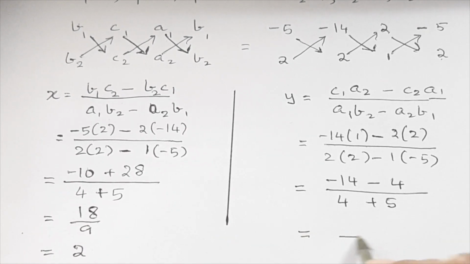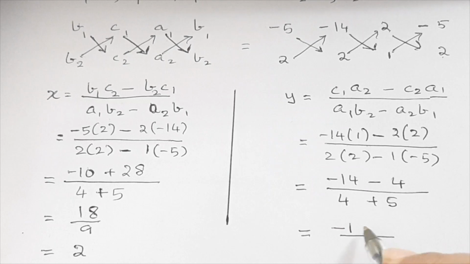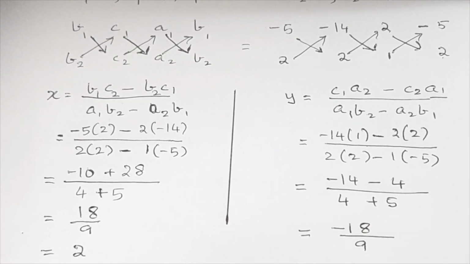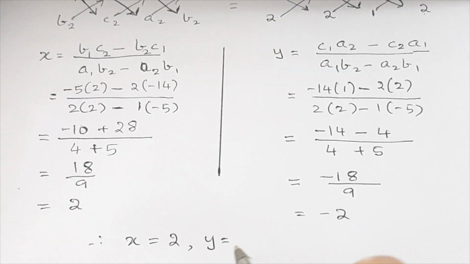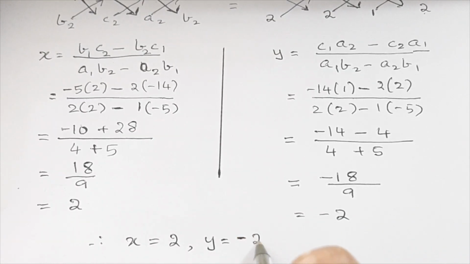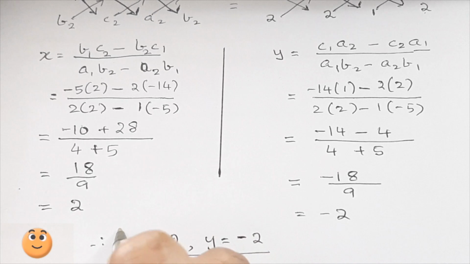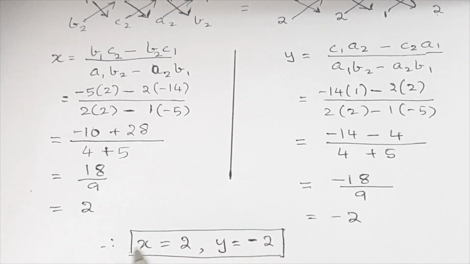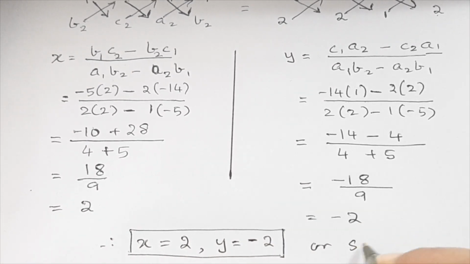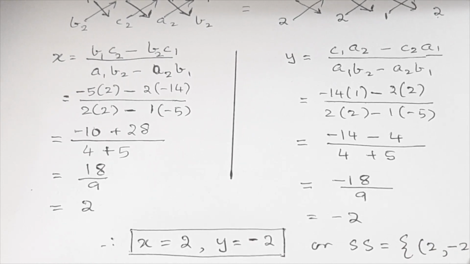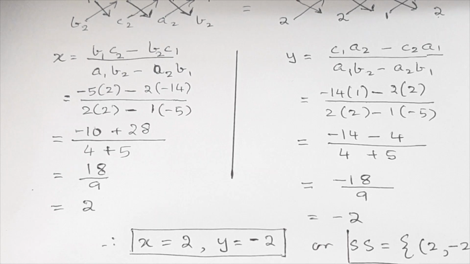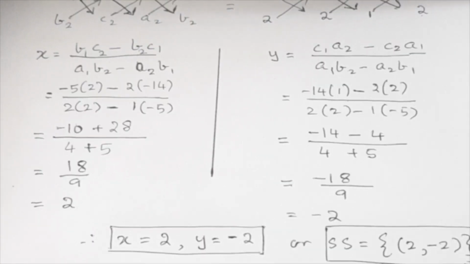And here it will be -18 upon 9, which is -2. So we have therefore x equal to 2, y equal to -2, and this is our answer. Some of your teachers may also ask you to write the solution set as x and y values like so. Depends upon your teacher, and that is our answer.